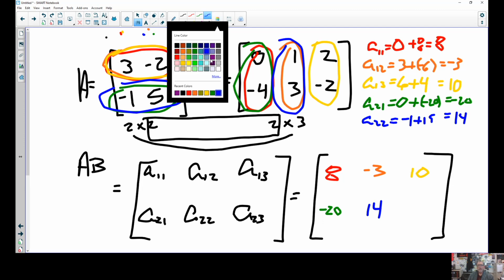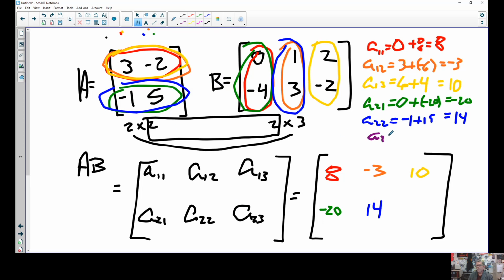Last row and column, last position, 2, 3. So A23 equals second row, third column. So -1 times 2 is -2, plus 5 times -2 is -10, and that is -12.